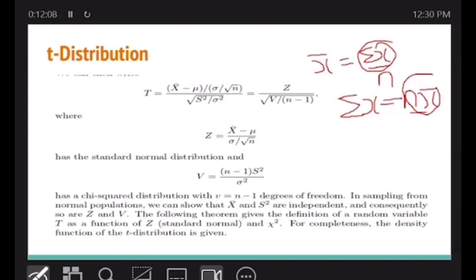It is now going to be 9, which means it's not going to be 10 that will be allowed to vary anymore. It's going to be 9, because you've already imposed a constraint. Imposing a constraint will reduce the number of free parameters by 1. And that is why it's called degree of freedom. The number of degrees of freedom is always going to be n minus 1. Does that make sense?